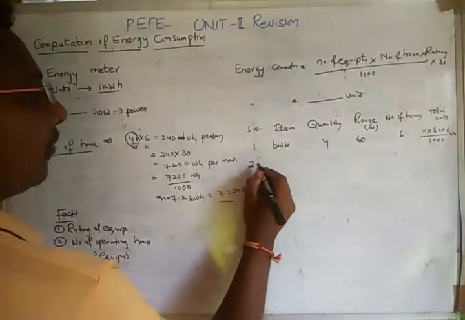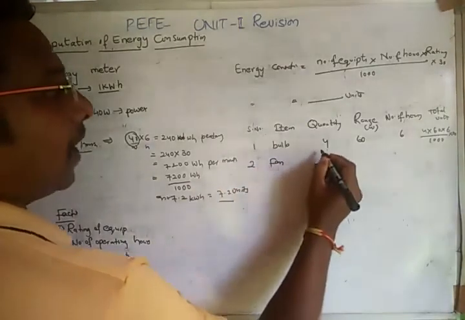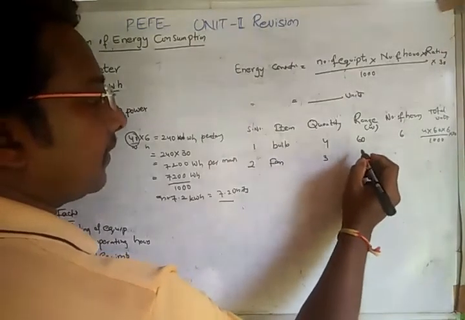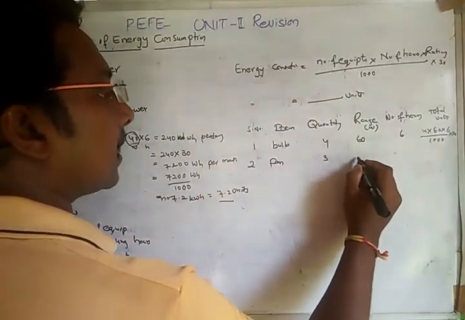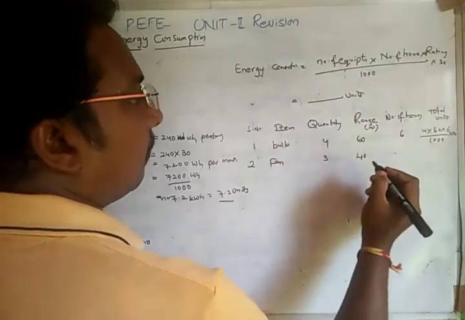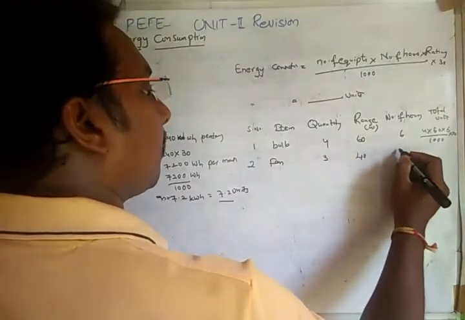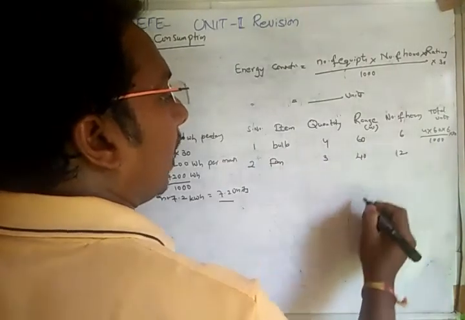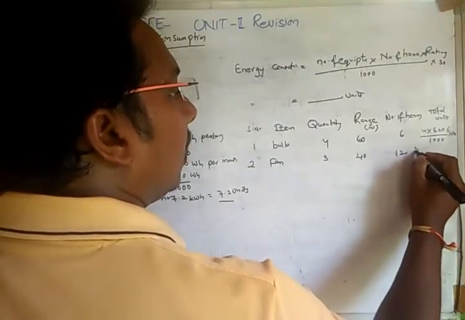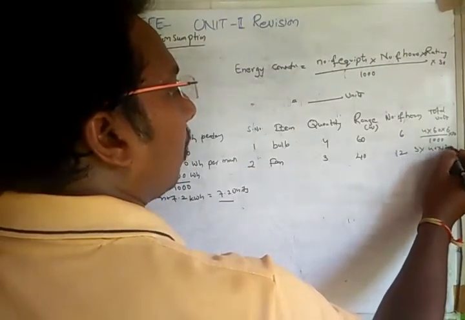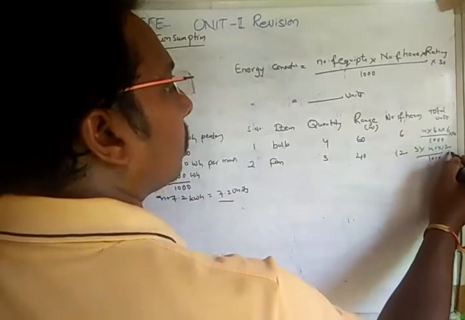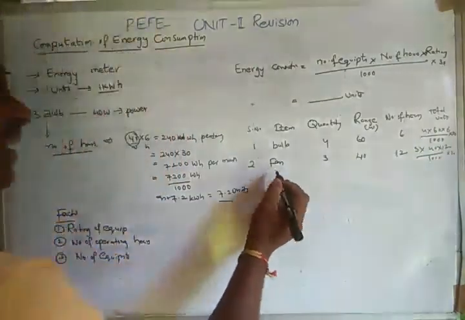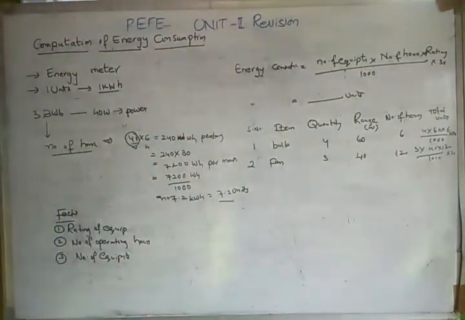Similarly, for a fan, let us say 3 ceiling fans with a capacity of 40 watts. The number of operating hours is generally very high, say 12. So it is 3 into 40 into 12 by 1000 into 30. This is the energy consumption of the fans for one month.